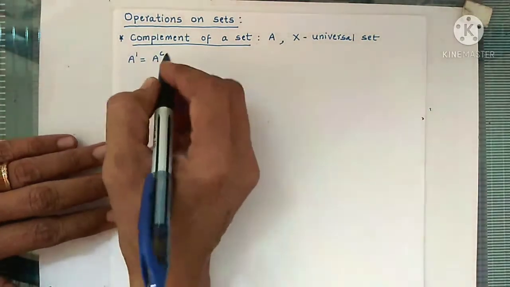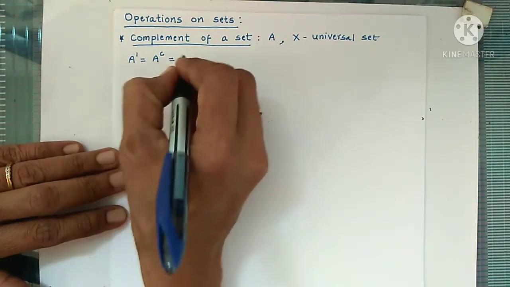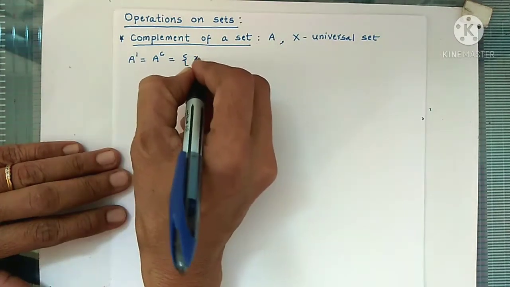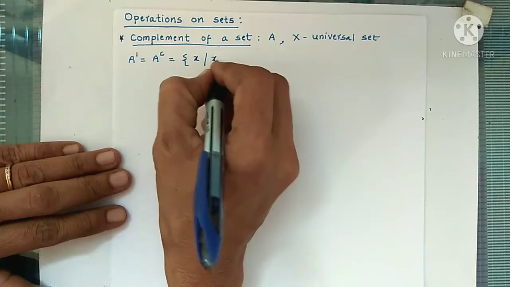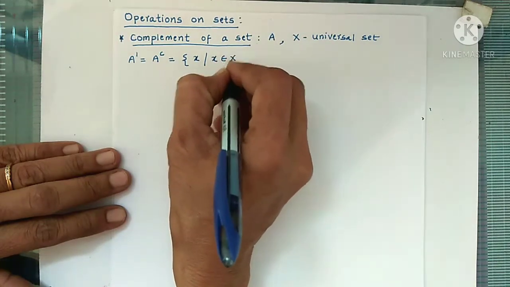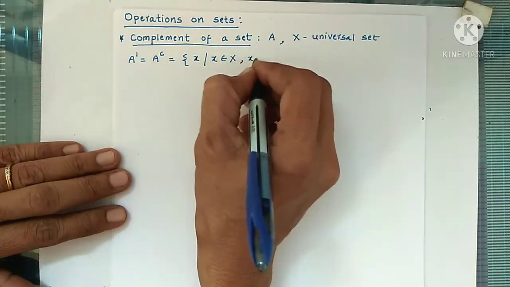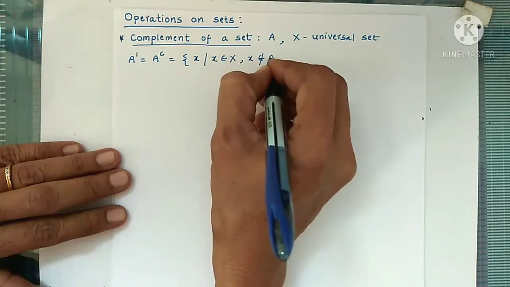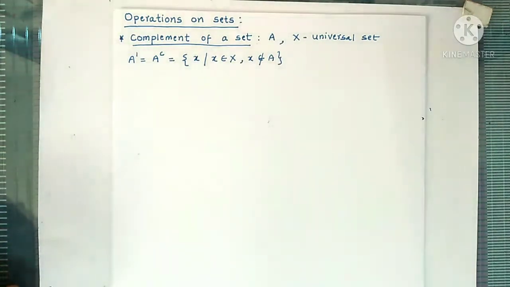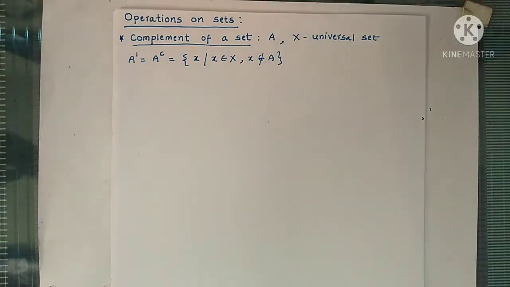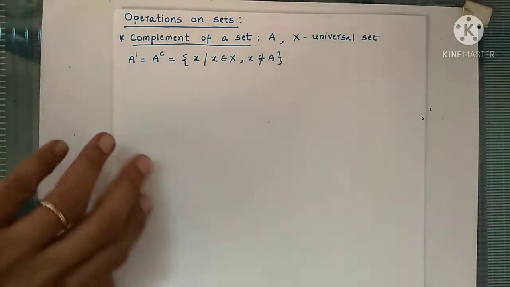So A complement is the set of all elements x such that x belongs to the universal set and does not belong to set A. So all the elements of the universal set which are not in A, that is A complement.